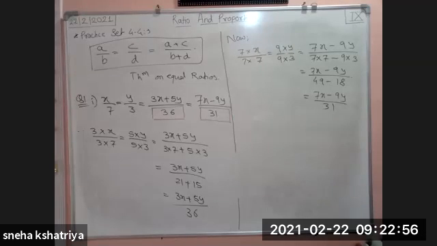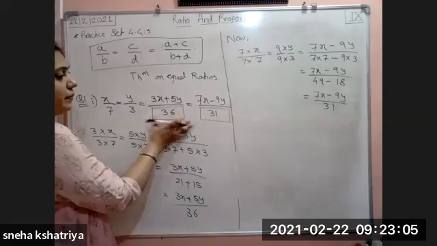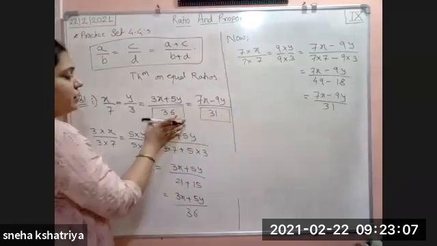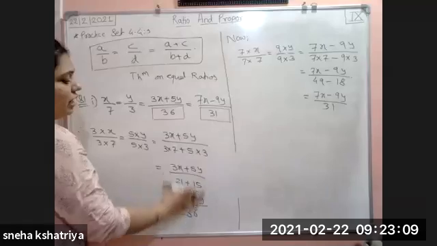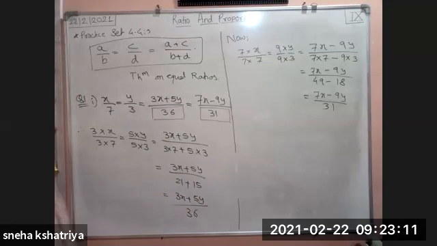Very simple examples are there. This kind of example may come for activity purpose, because these boxes are blank and you have to put their value. So you have to solve and put the value, so it may come for the activity section also.